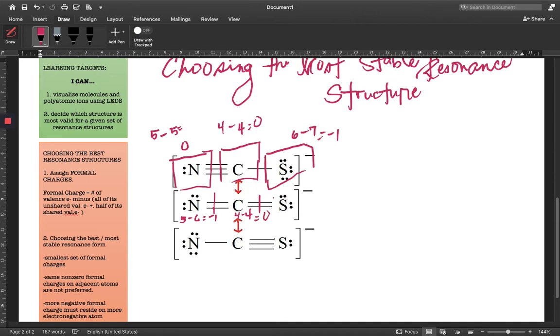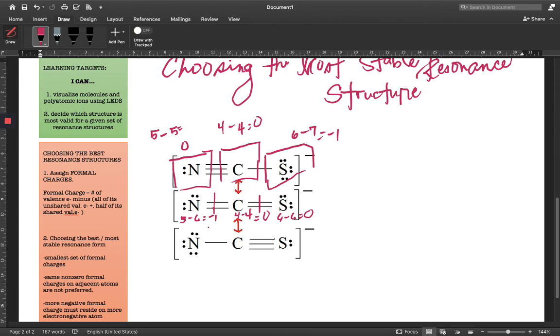And in this sulfur, we know that sulfur has 6 valence electrons minus 1, 2, 3, 4, 5, 6. So this is 0. Therefore, the set of formal charges for this structure is negative 1 for nitrogen, 0 for carbon, and 0 for sulfur.